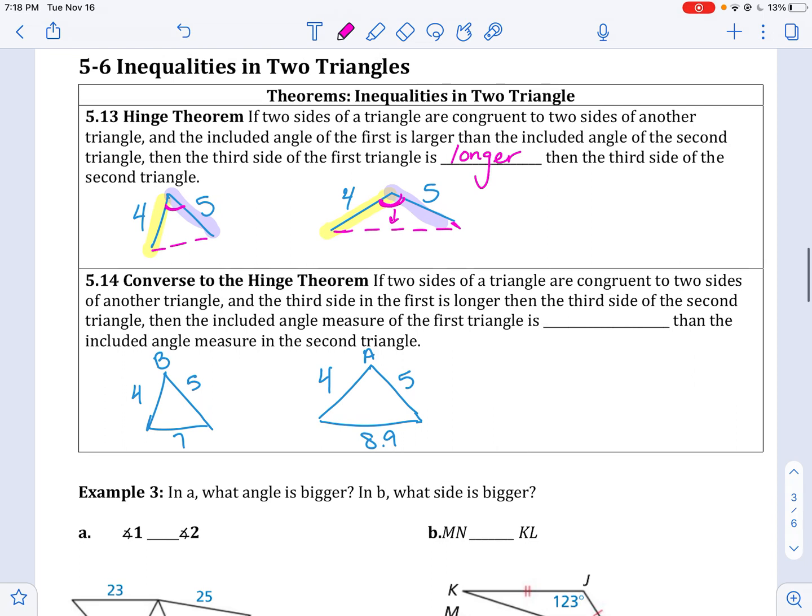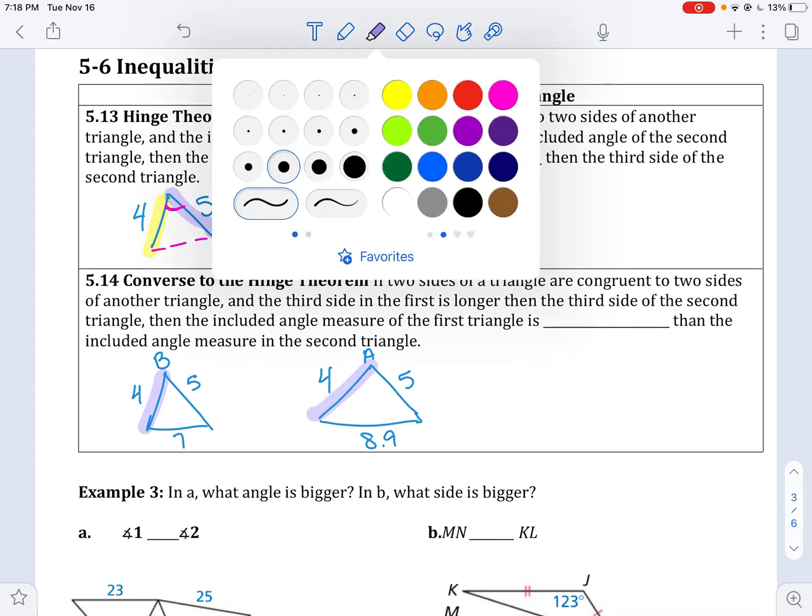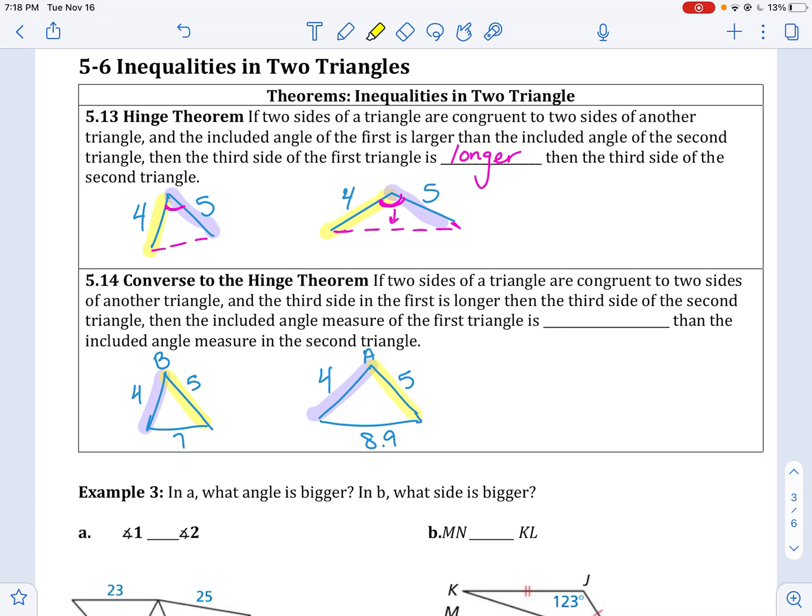It also works in reverse. The converse is true. So if I have two pairs of congruent sides, and the third side of one triangle is smaller than the third side of the other, the included angle that is across from the larger side or longer side would be a larger measure than the included angle across from the smaller side or shorter side.